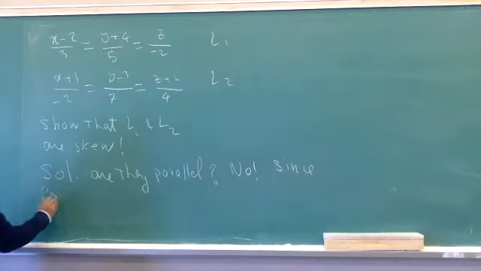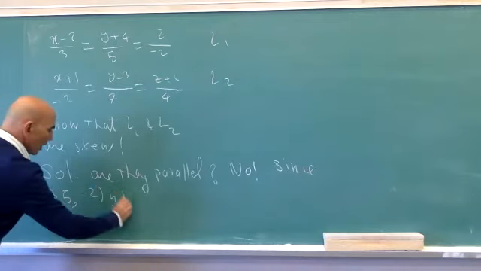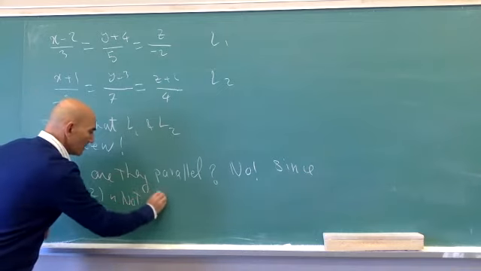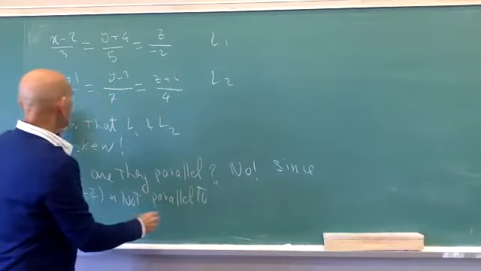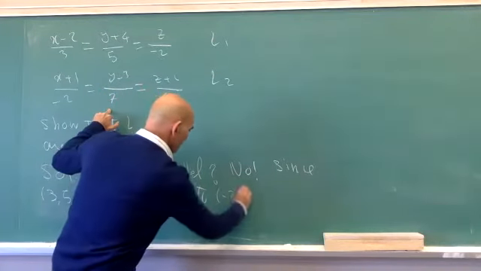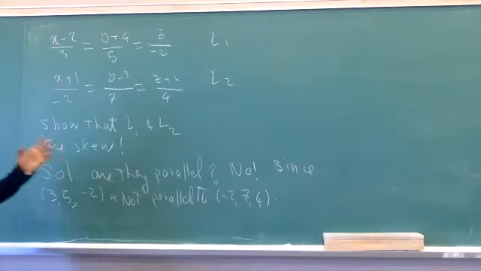Since 3, 5, negative 2 is not parallel to negative 2, 7, 4, they are not parallel. In particular, they are not the same line either. So there are only 2 possibilities left, right?